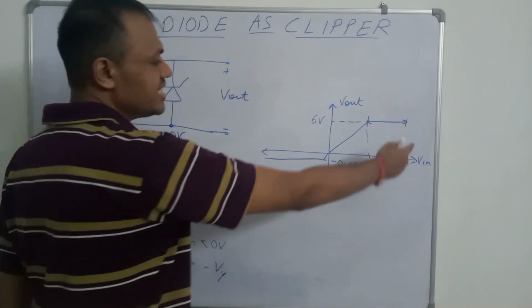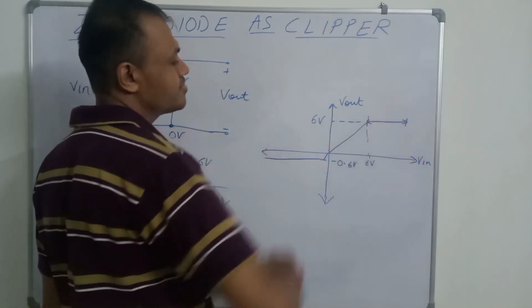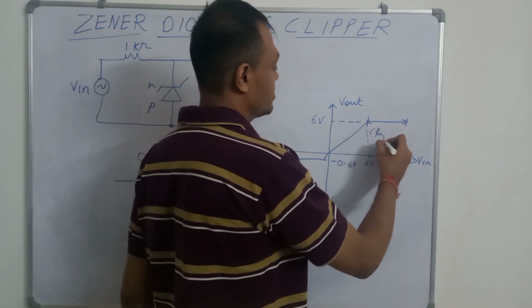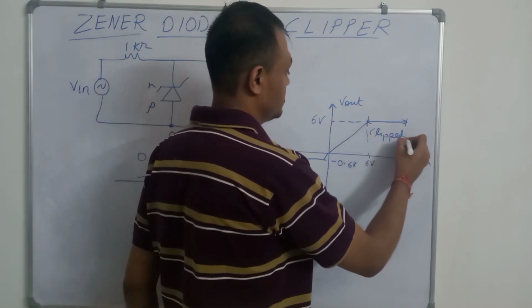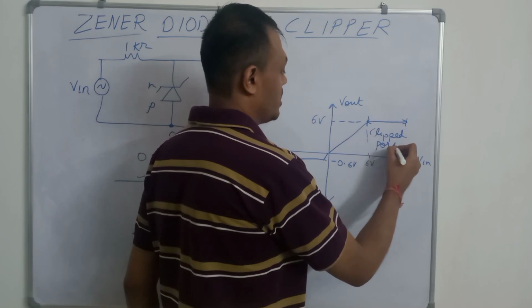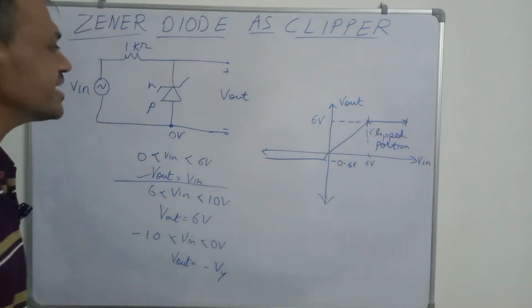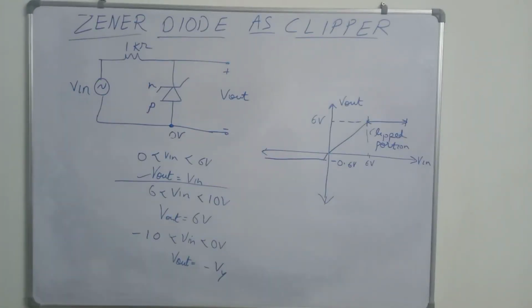So this is the clipped portion, and it occurs when the Zener diode is biased in reverse bias with breakdown voltage. So this is about the Zener diode as a clipper circuit.